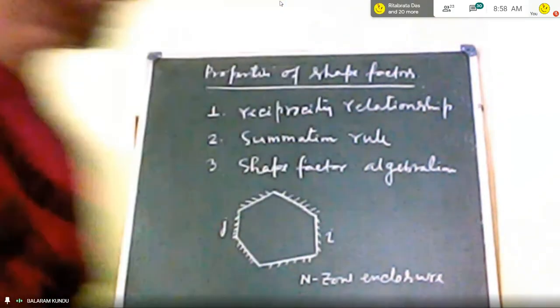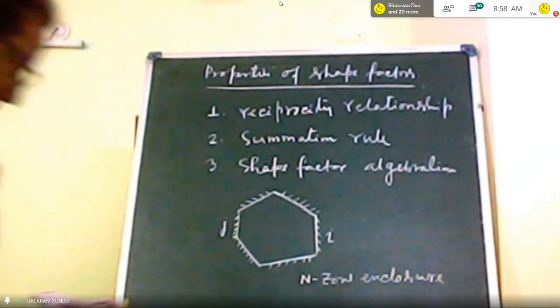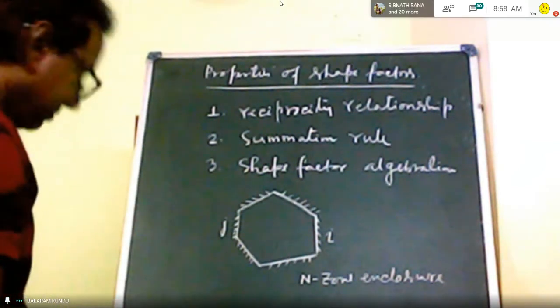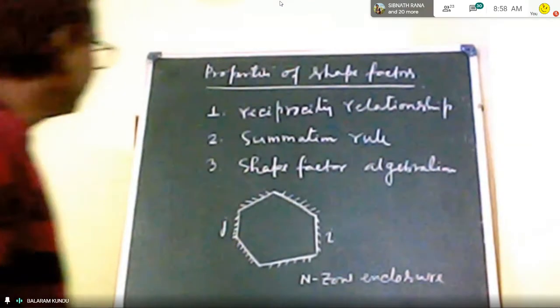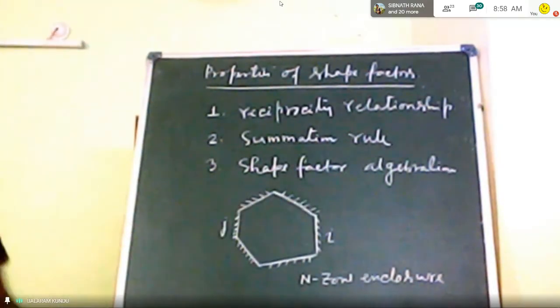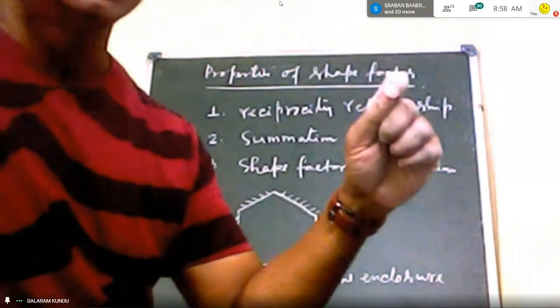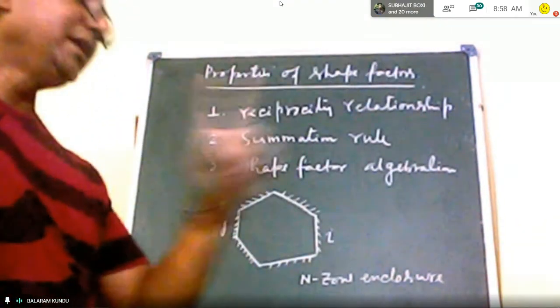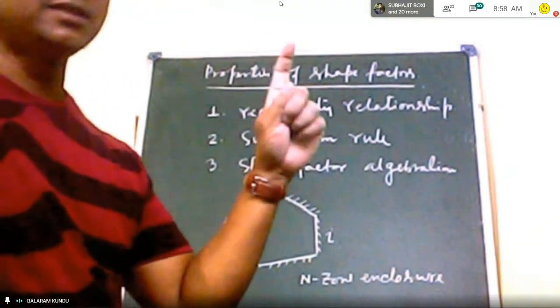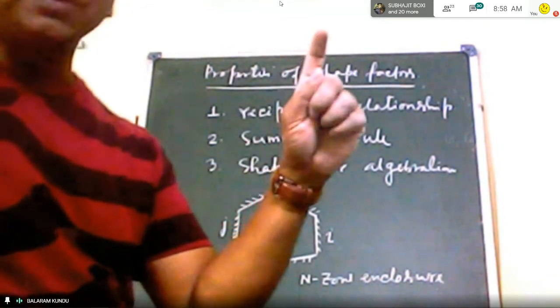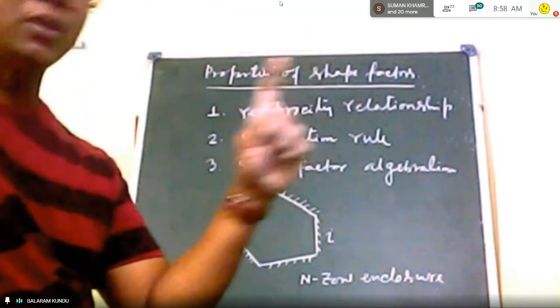Here, I want to say that J and I surfaces in an n zone enclosure have been considered. For any heat exchange, the first law of thermodynamics should be satisfied, meaning the law of conservation of energy.